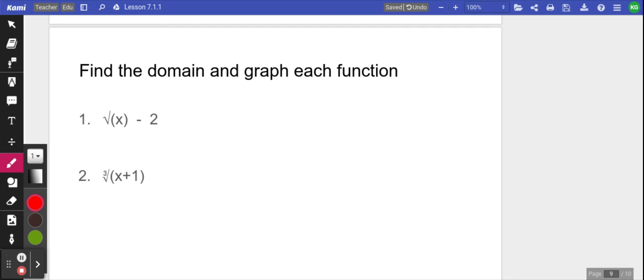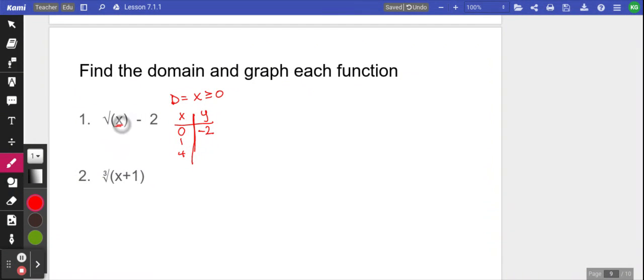This first one, I noticed that it's the square root of x, and so I know that my domain is x is greater than or equal to 0. I want to pick only x's that I can take the square root of, so I'm going to use 0, 1, and 4. So the first one, I'm going to substitute 0 in here. So I have the square root of 0, which is 0, minus 2, which is negative 2.